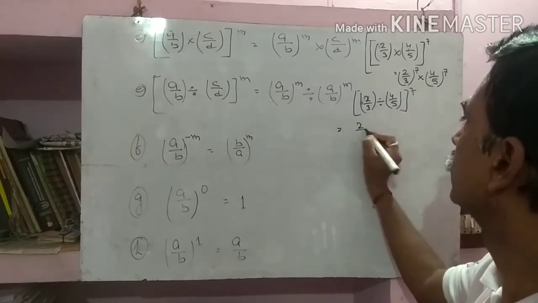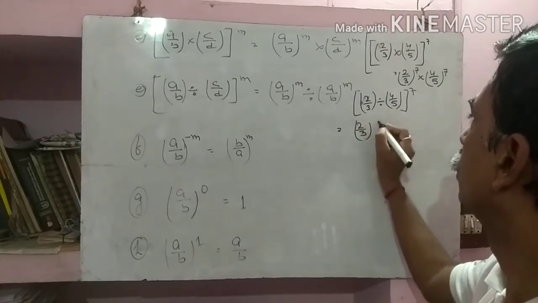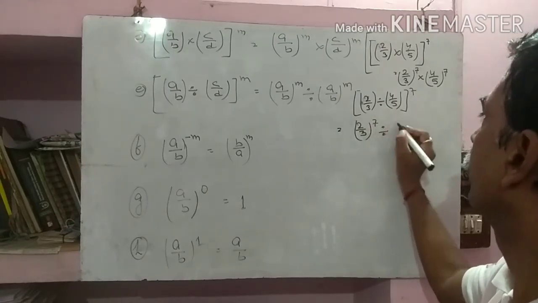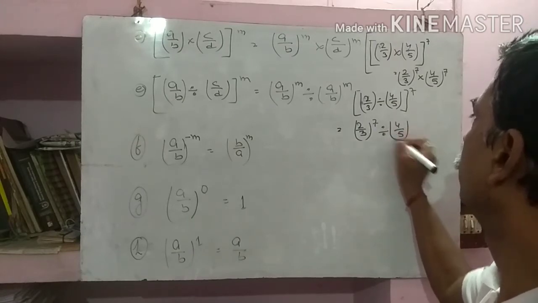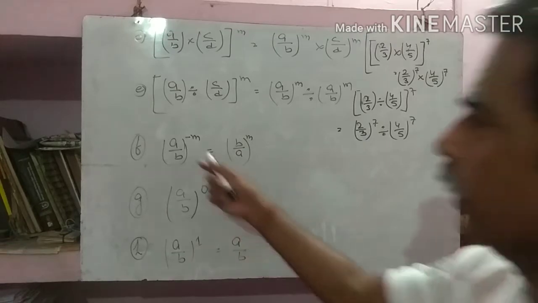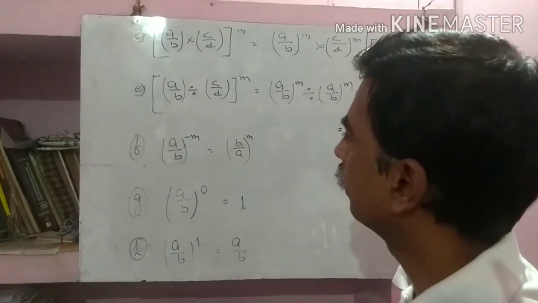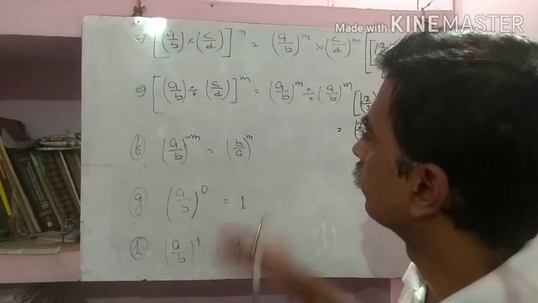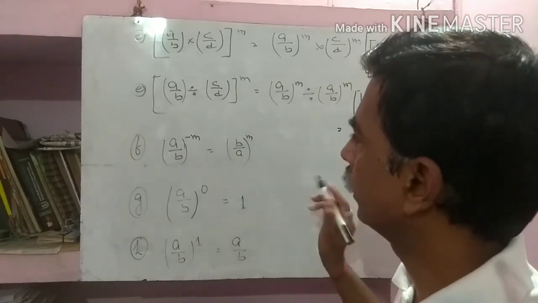It means this is (2/3) to the power 7 divided by (4/5) to the power 7. Okay. If the power is negative, then it will be a reciprocal of that number.